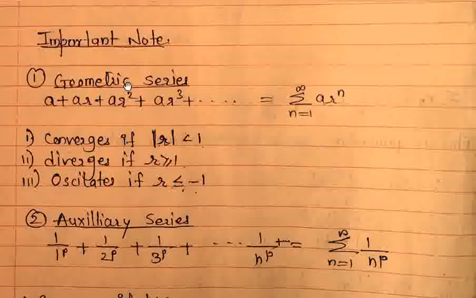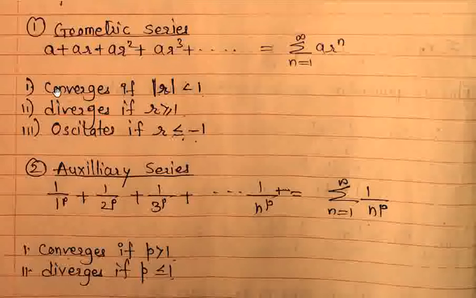This is a geometric series, a plus ar squared plus ar cubed, the summation of ar to the n between n is 1 and infinity. It converges if the modulus of r is less than 1, diverges if r is greater than or equal to 1, and it oscillates if r is less than or equal to minus 1.